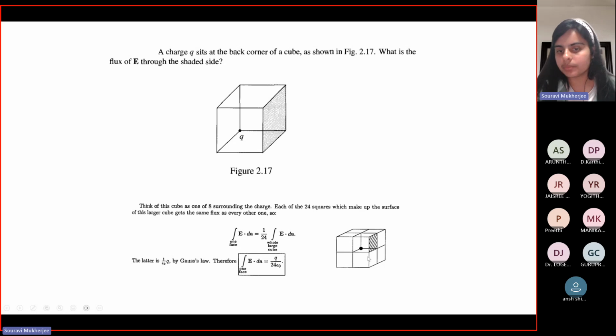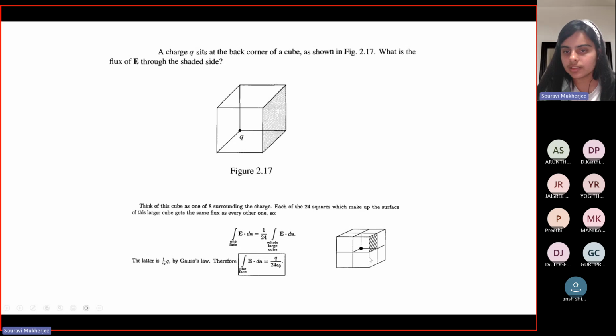And then you can write that for this big cube, your total charge enclosed is Q. So the net flux will be Q by epsilon naught, right? So there, when you consider the total flux, you know it's Q by epsilon naught. But there, what are the surfaces that are involved? So you can see you have 24 such surfaces. You want to find the flux through this surface, but in this bigger cube, you have 24 such surfaces, right?